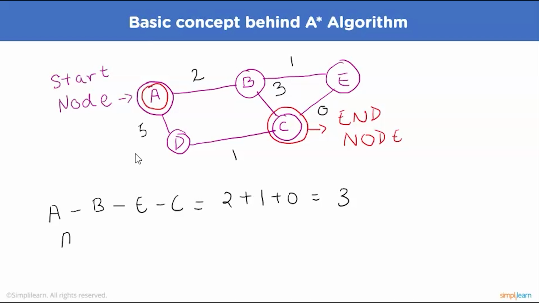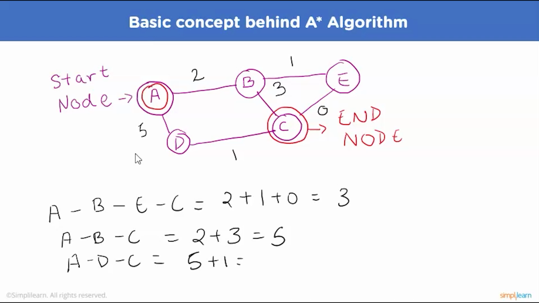When compared to A to B to C, which is nothing but 2 plus 3, which is 5, and A to D to C, which is nothing but 5 plus 1, which is 6. This path is obviously going to be the shorter path, right?